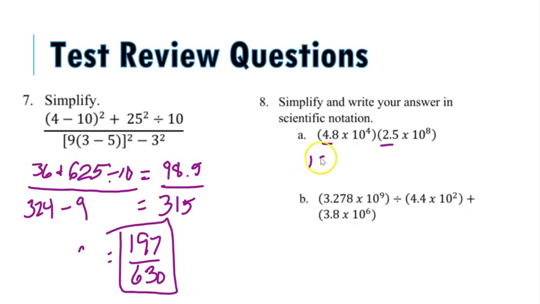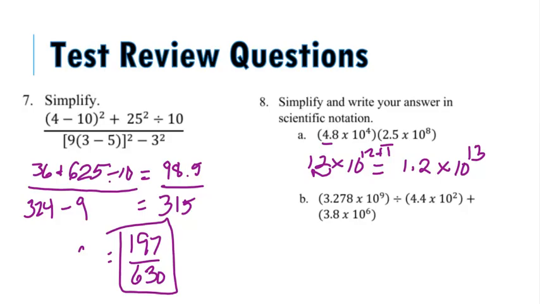So right now we got 12 times 10 to the 4th times 10 to the 8th is 10 to the 12th. Because remember, we multiply like bases, we add the exponents. But our answer has to be in scientific notation. So I have to move the decimal point one place to the left, and because I gained a decimal place, I need to show that I gained an exponent. So this would be 1.2 times 10 to the 13th.